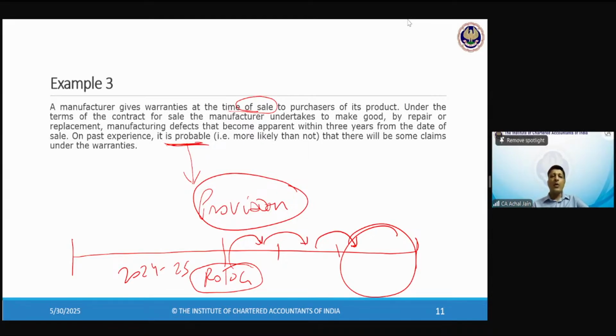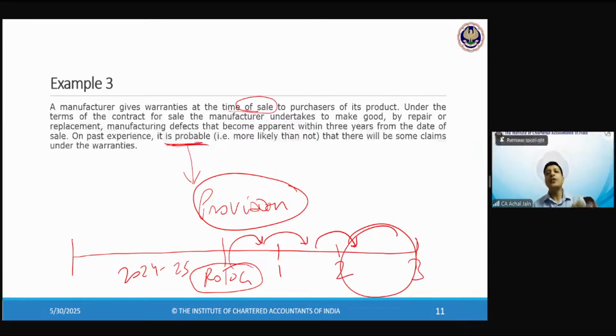Ron is asking how to classify a provision into short term. Once again, the same thing, and on the same example of warranty, you can consider it. Let's suppose you have this warranty of 10 crore. You estimated, and what is your estimate? That this warranty provision will be actualized in the next 3 years. So this is year 1, 2, 3.